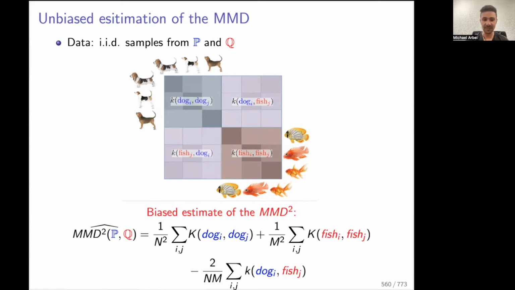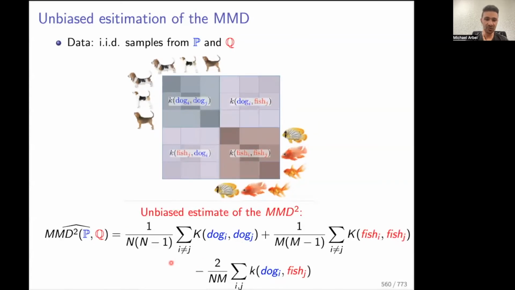To get rid of this bias, one can just discard the diagonal terms, which ensures that you're only computing the kernel between data points that are always independent. This gives you an unbiased estimate of the MMD, and this is the one that we'll be using.